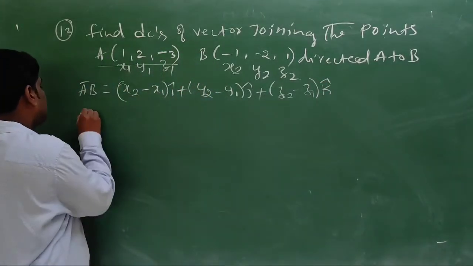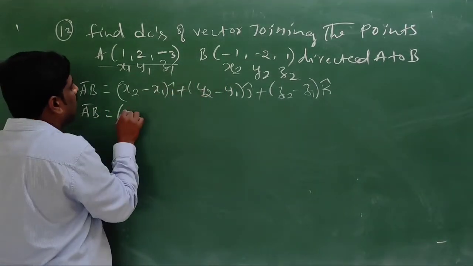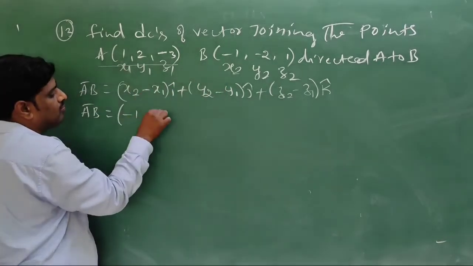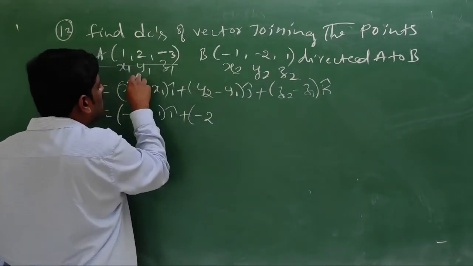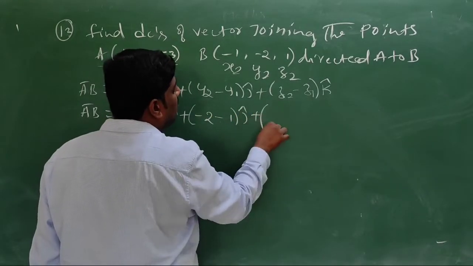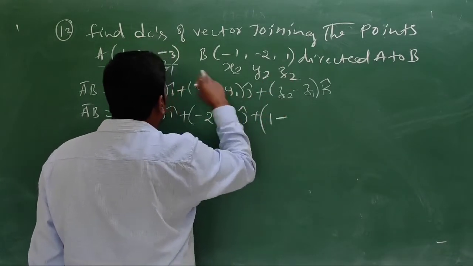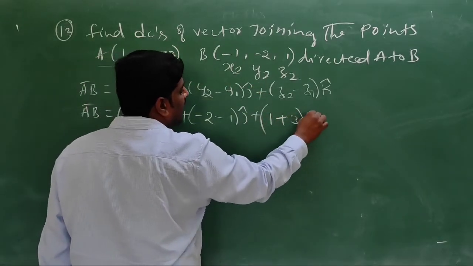So AB bar is (-1 minus 1) i cap plus (-2 minus 2) j cap plus (1 plus 3) k cap.